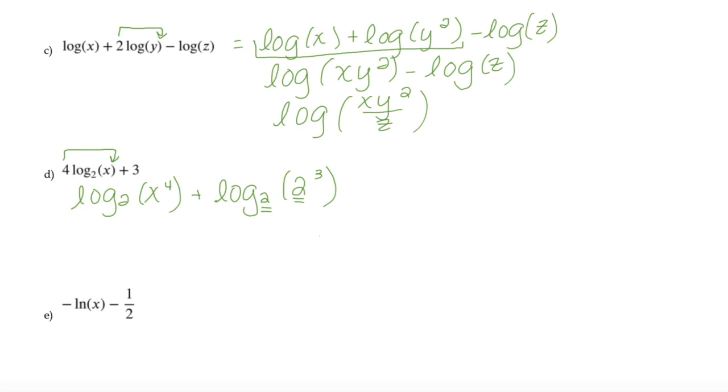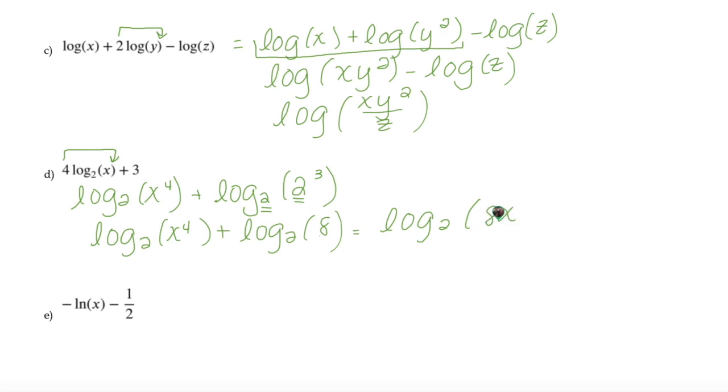This then is going to be the same as log base 2 of x to the 4th plus log base 2 of 8. And then finally combining them together as log base 2 of 8 times x to the 4th, utilizing our product rule.